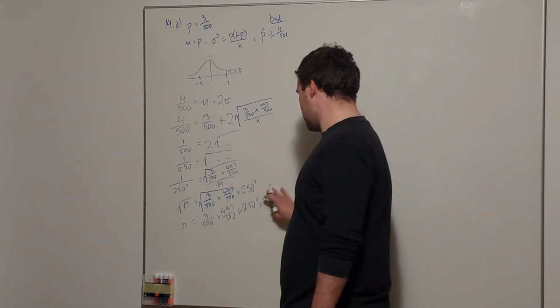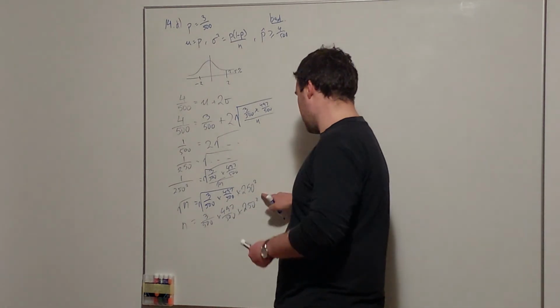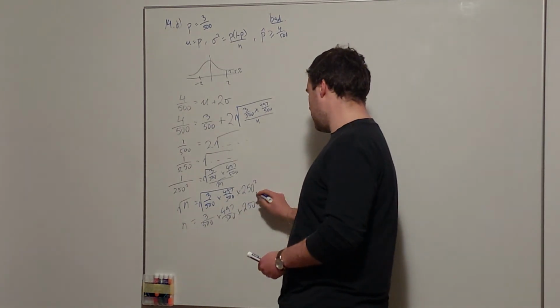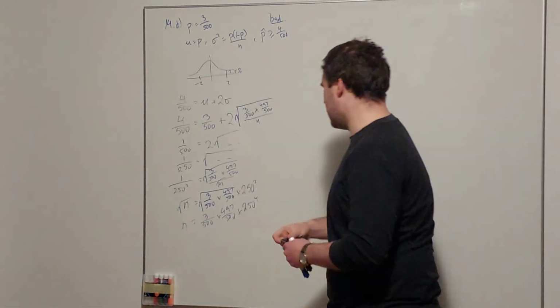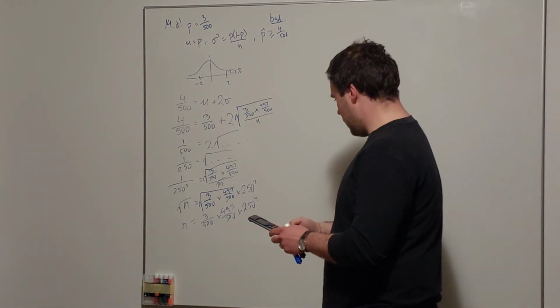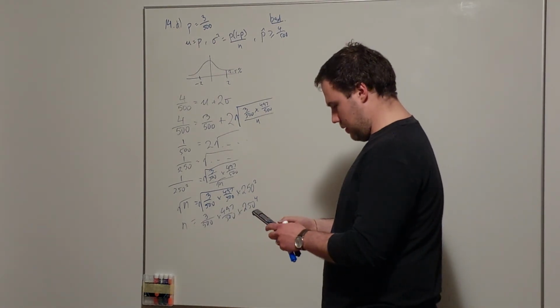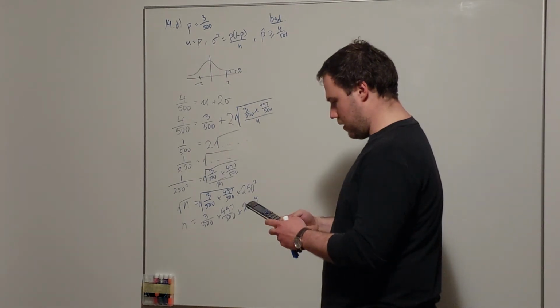I thought something was going to cancel out with that. So we've got 250 squared again, because everything on both sides is being squared, is to the power of 4. Now let's check, we get 3 times 497 times 250 to the power of 4 divided by 500 divided by 500.